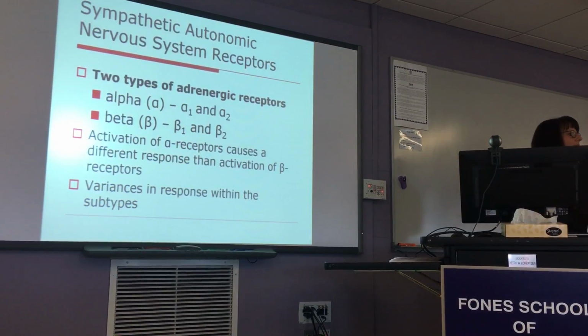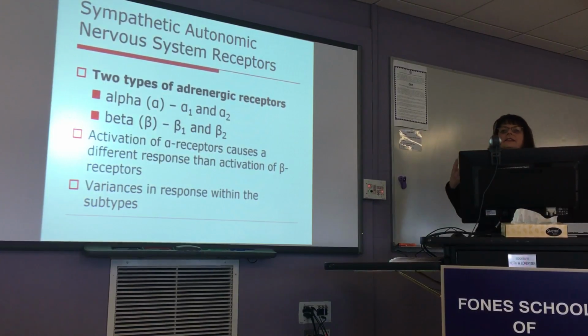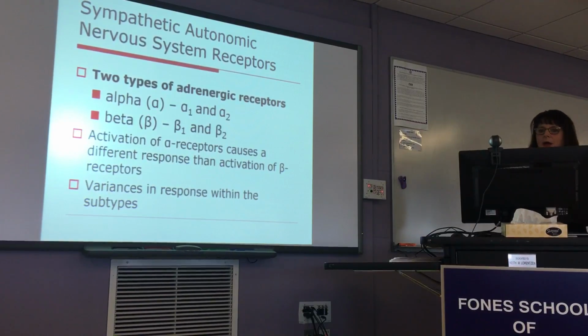Here's where we have our alpha and our beta. We have different types of receptors. They affect different tissues, okay? And the same tissues might have alpha and beta receptors, but depending on the drug that's used, different ones will respond, okay? They might be more selective to one or the other. The alpha, there's alpha 1 and alpha 2.